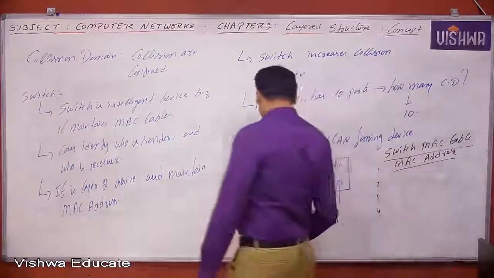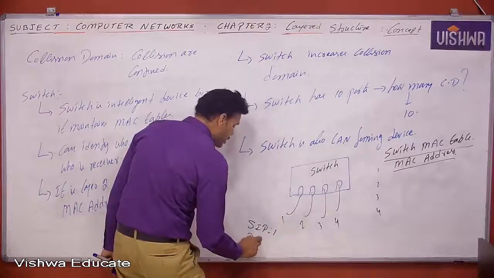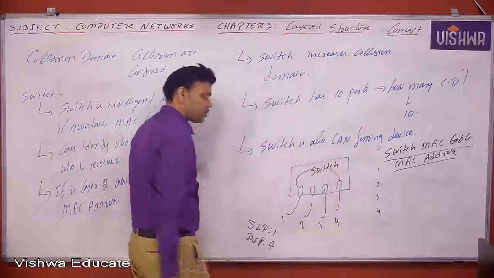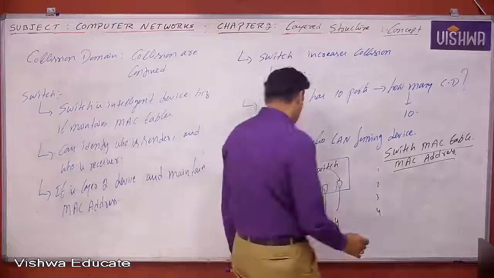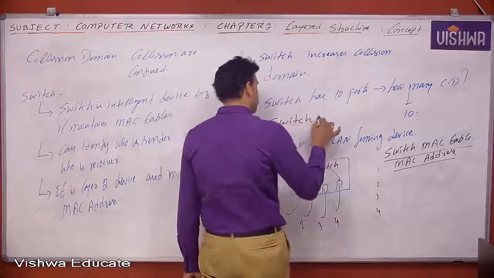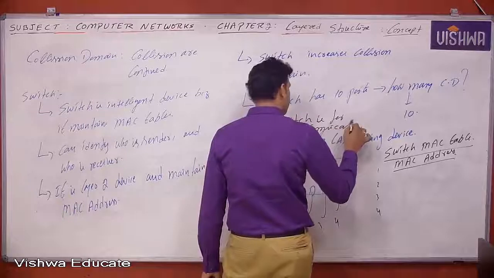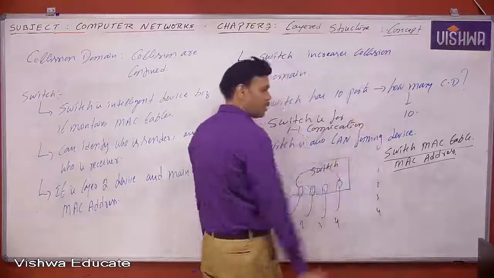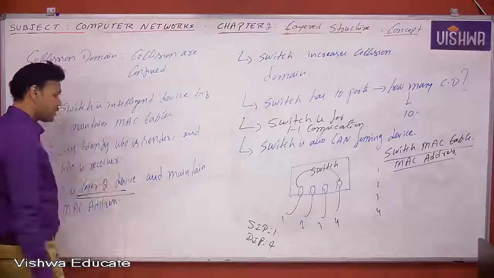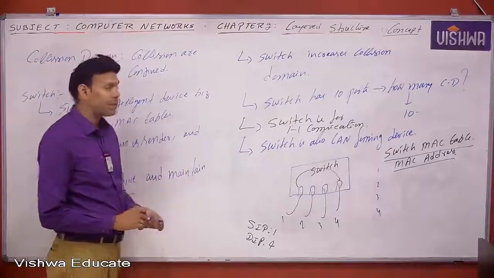So based on that, whenever source IP is 1 and destination IP is 4, then data will be handed over to 4 only. That's why switch is for 1:1 communication. Okay friends, this is how the switch exists at layer 2. Layer 2 is nothing but data link layer. Okay, copy this.